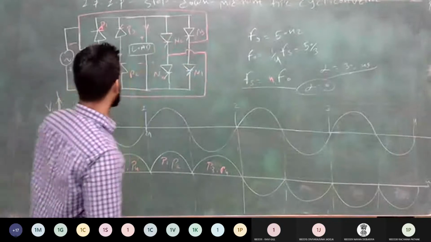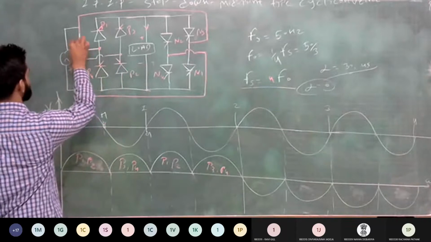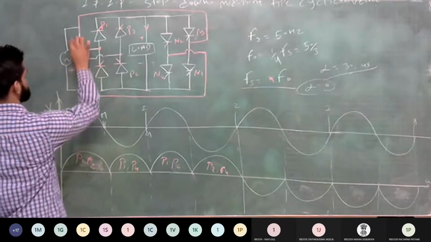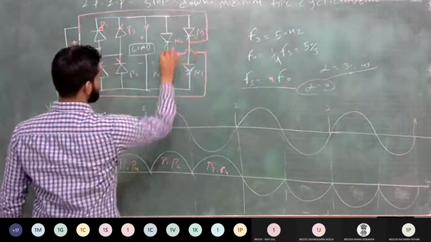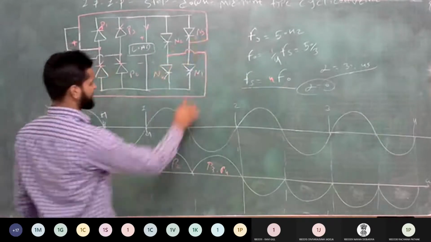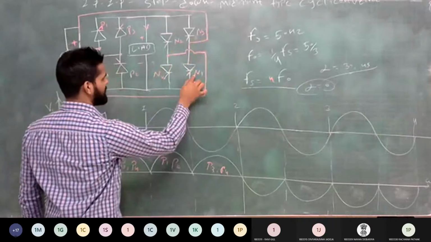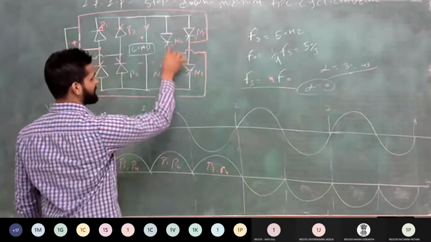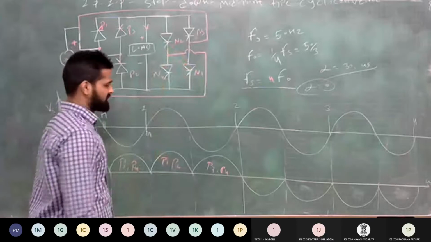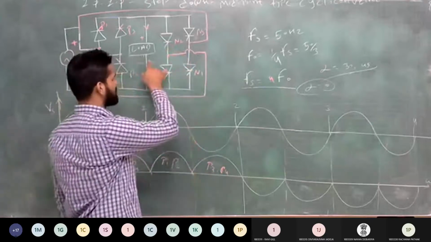Which thyristor is going to be forward biased? See, the supply voltage is positive, plus and minus. Positive is connected to the first leg and negative is connected to the second leg. So in the positive cycle of your supply, positive is connected to the anode of N1 and the negative terminal is connected to the cathode of N2. This N1 and N2 is forward biased, which gives the negative voltage.